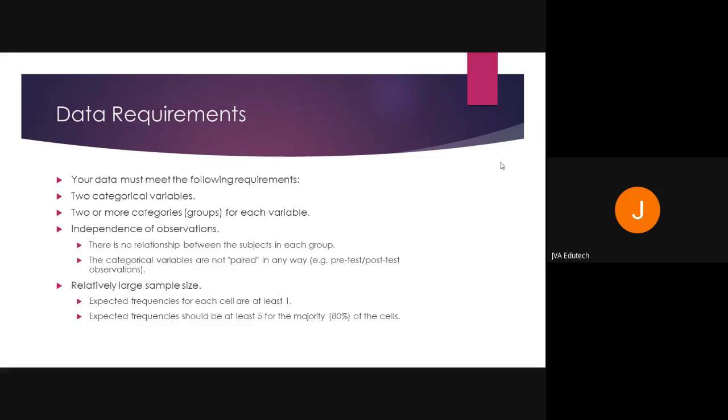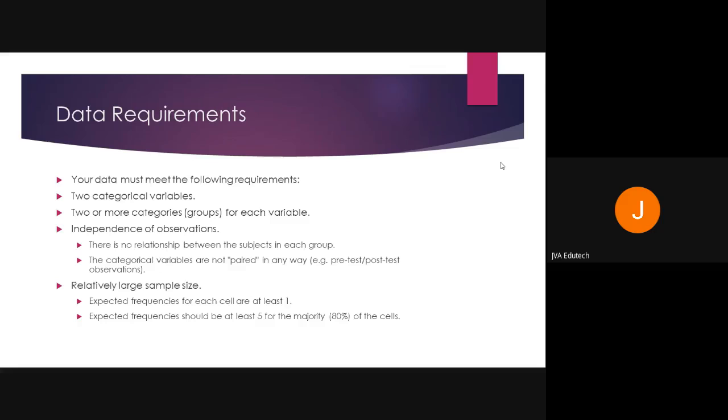So for doing the chi-square test of association, your data must fulfill the following requirements. You should have two categorical variables, and in the categorical variables, you should have two or more categories for each variable.